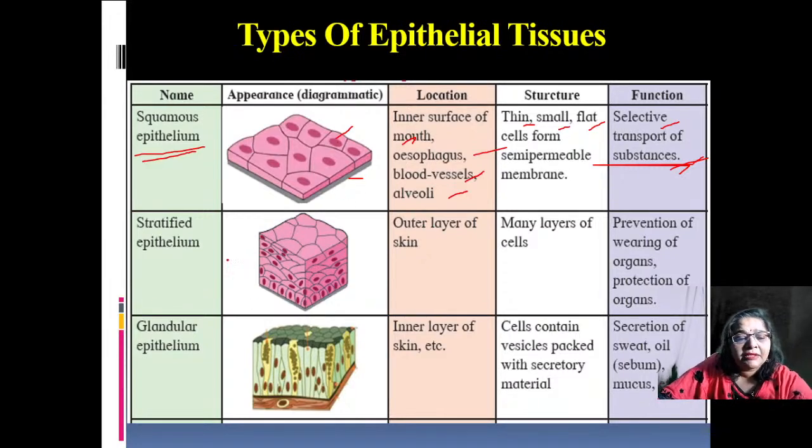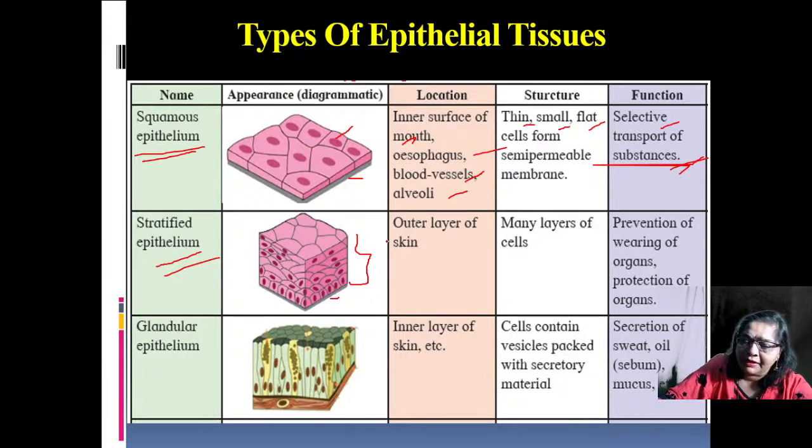The second type is the stratified epithelium, right? Now stratified refers to various strata, layers. So there are many layered cells which are found on the basal membrane. The basal fibrous membrane is present, and you can see the layers of cells which are epithelial cells.